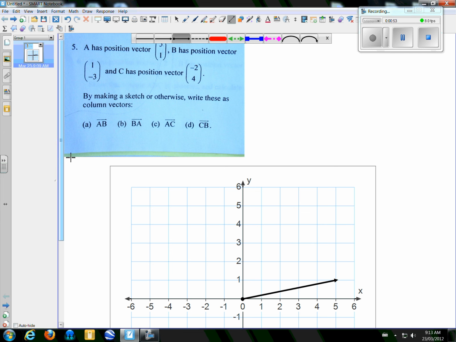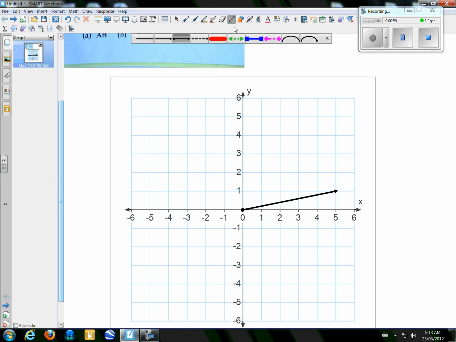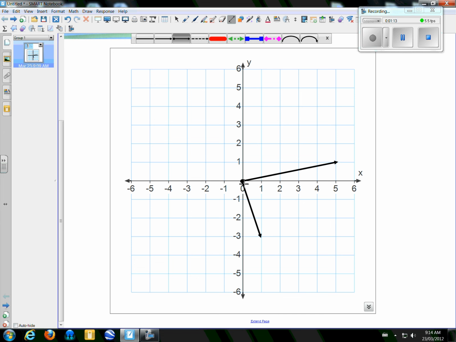B has a position vector (1, -3). So it's 1 right, down 3: (1, -3). And the last one, C: (-2, 4).